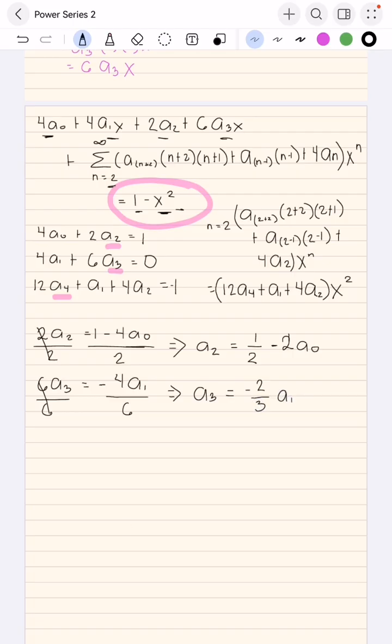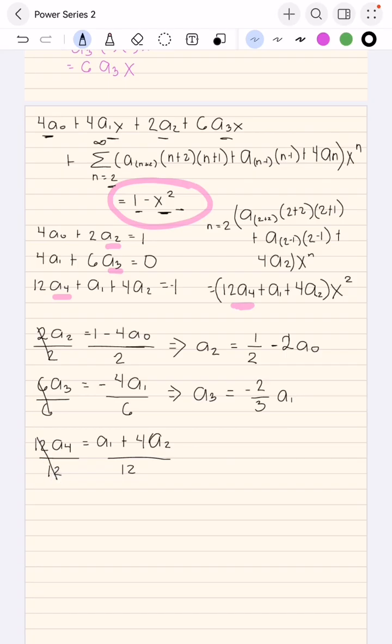And then for this, the highest is a4. So this would be 12a4 is equals to a1 plus 4a2, right? Divided by 12.